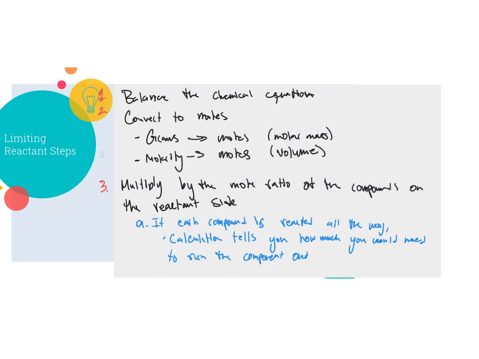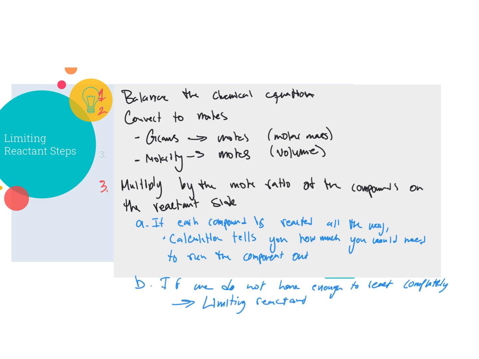That's scenario A. Scenario B is that if we do not have enough to react completely, then that is the limiting reactant.